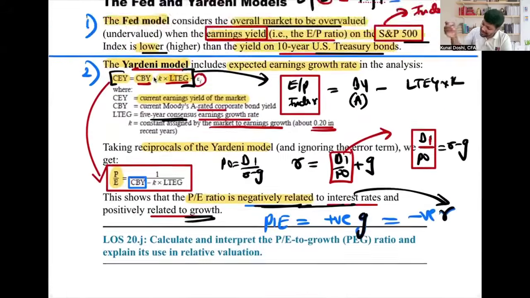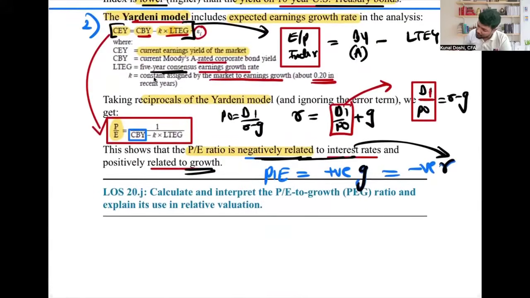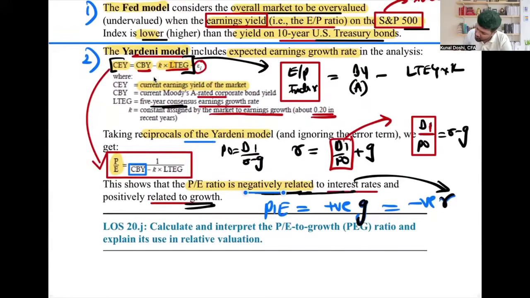Correct? Now see what happens in the Yardeni model. We are going to compare the current yield of the market with again the bond yield. But this time we don't take the government bond yield, we take the corporate bond yield.